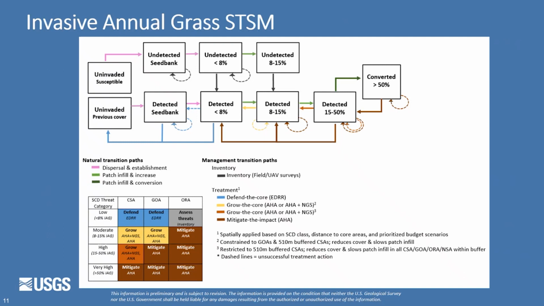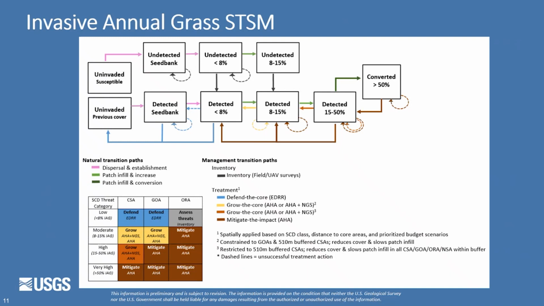And this is the conceptual model we ended up with after modifying that initial one that we started with from the bufflegrass project. I don't have time to get into all the nuts and bolts of it, but basically there's an undetected invasion going on, and then there are inventory actions that can bring those undetected cells into detected cells that can then be treated. And we've translated these defend, grow, and mitigate actions into specific treatments.